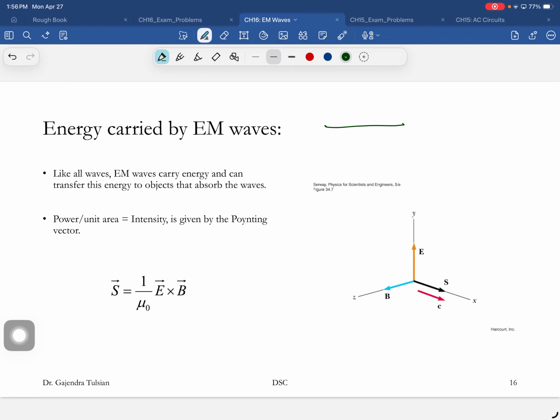You can measure the maximum electric field, and that will give you the energy per meter cube. A meter cube is this much. So if the beam was that wide, that's how much energy there would be per meter cube. Or you could calculate the energy in terms of the magnetic field.